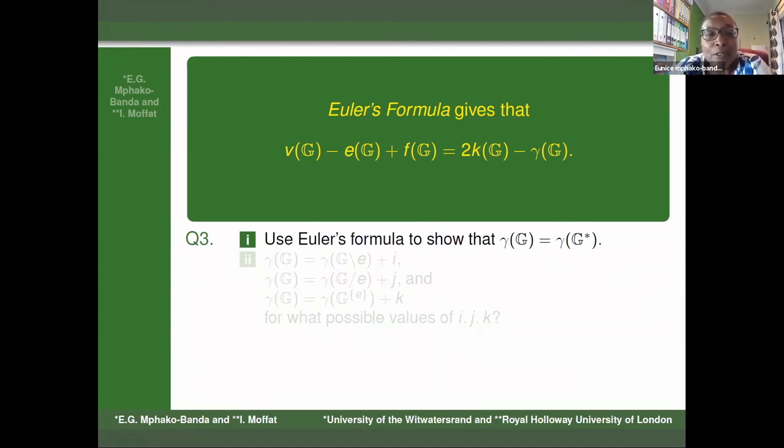We have already talked about it, but now that you are able to draw the graphs, can you use the formula to show that the Euler genus of your ribbon graph G is equal to the Euler genus of the dual of G?